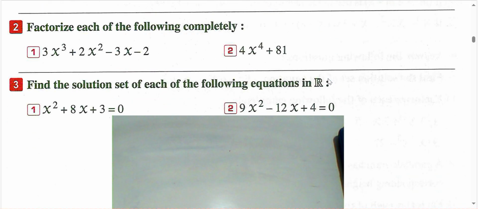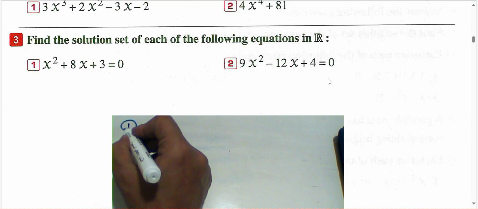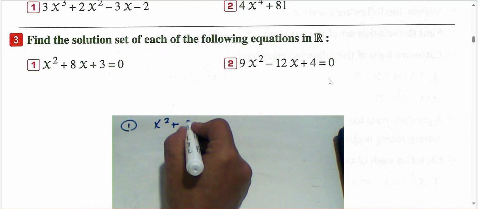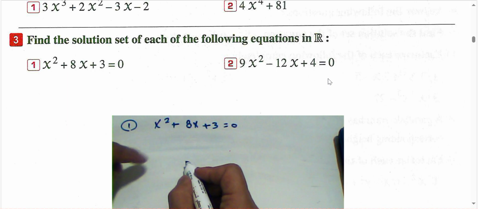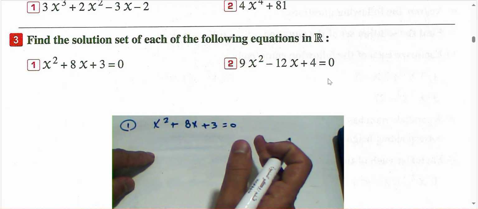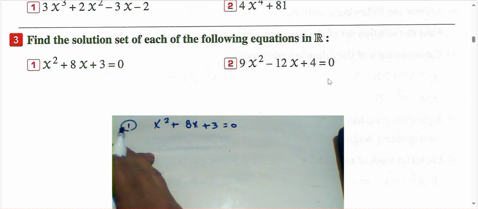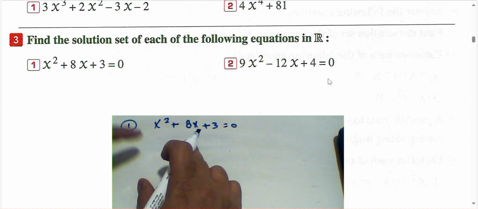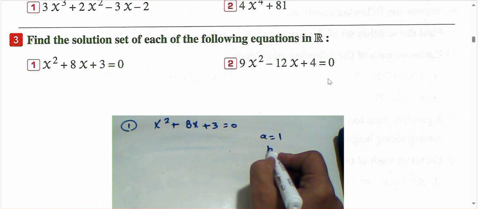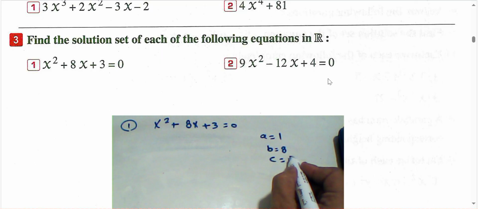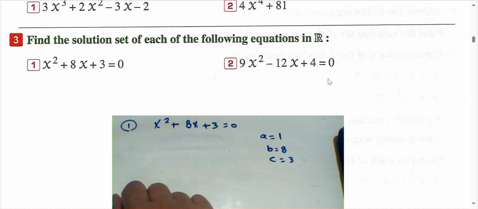Next question, find the solution set of this equation in real numbers. We have x^2 + 8x + 3 = 0. We can't find two numbers whose product equals 3 and whose sum equals 8. So we write a = 1, b = 8 and c = 3.